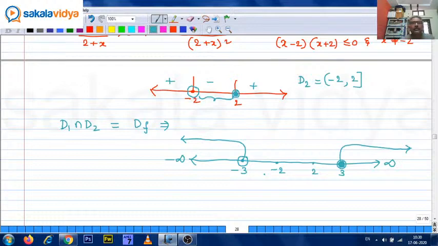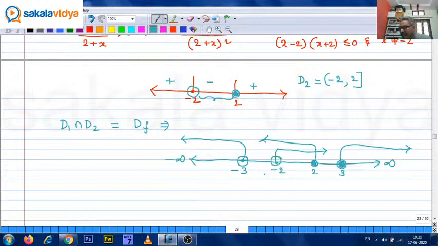So next now minus 2 to 2, minus 2 to 2 means here and here. So now here 2 is included, this is not included.